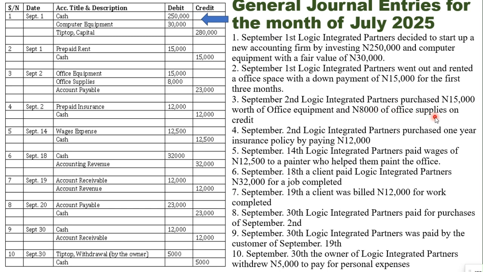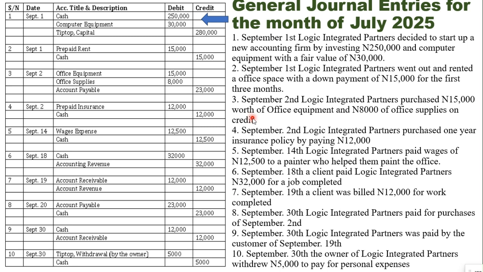This is a transaction you have to pay for later because it was given on credit. So because it's on credit, we are not going to pay cash right now. So we cannot credit the cash account because you did not pay.